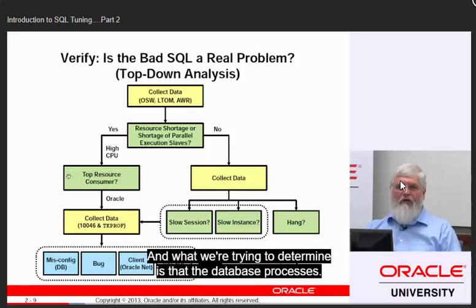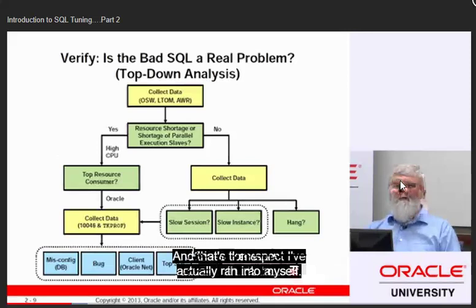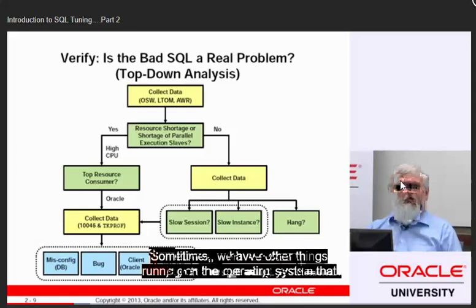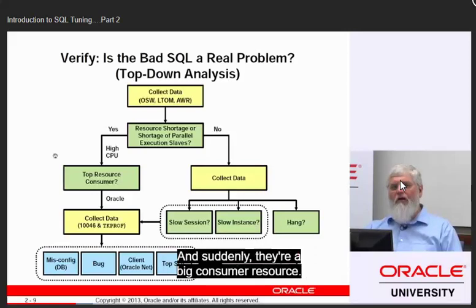That's the aspect I've run into myself. Sometimes we have other things running on the operating system that aren't supposed to take much resources, but suddenly they've got 95% of the CPU and 88% of the memory. Suddenly they're a big consumer of resources. In that case, maybe we need to get that thing off of the database servers and somewhere else.